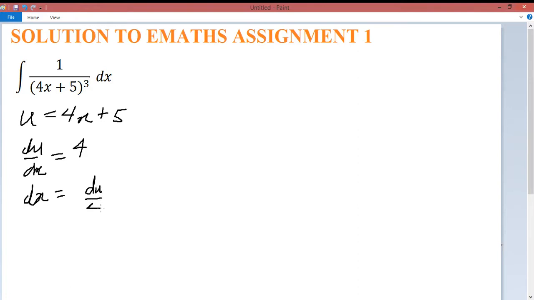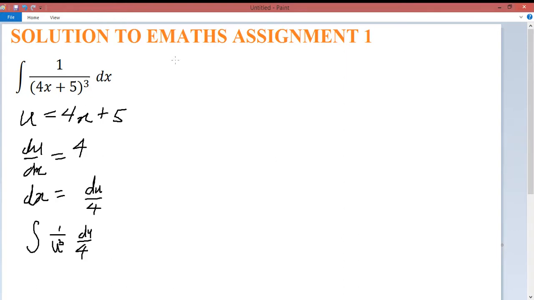Then we substitute both the u and the x. So that becomes the integration of 1 over u cubed du over 4.